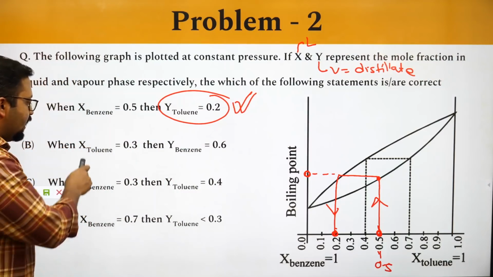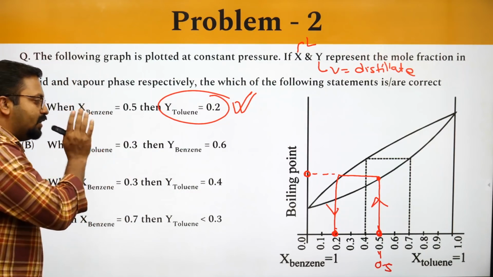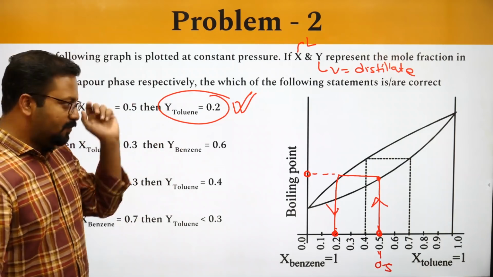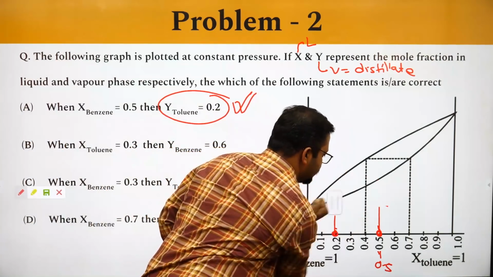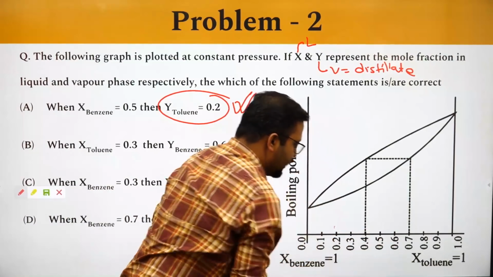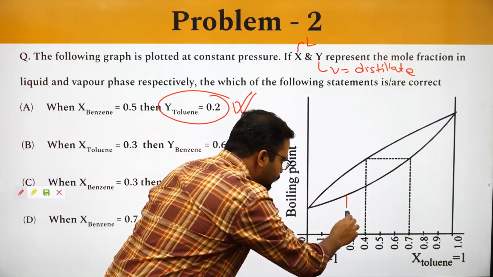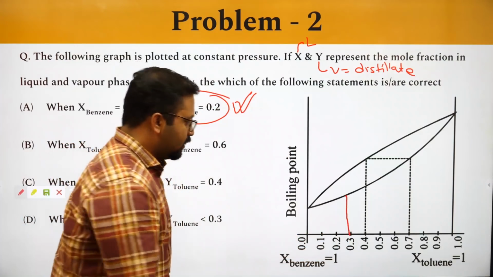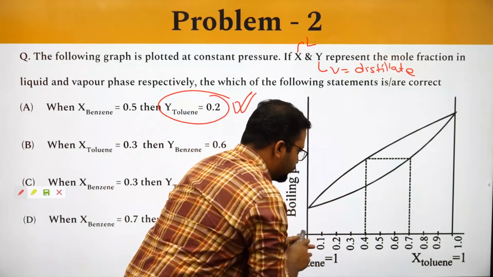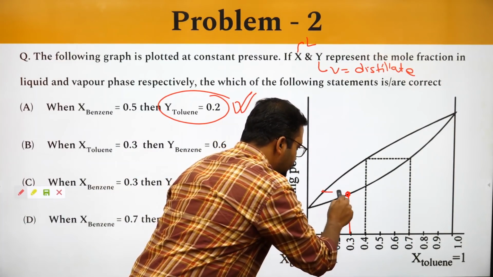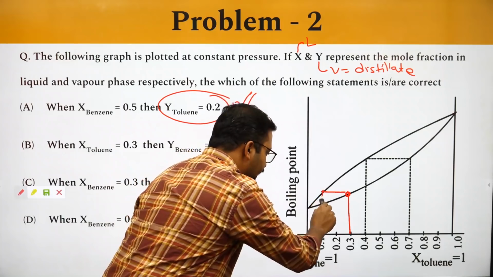Look at the next one. If mole fraction of toluene is 0.3, then benzene is 0.6. Let's see. Toluene is 0.3. 0.3 यहां पे. 0.3 is over here. I boil it.